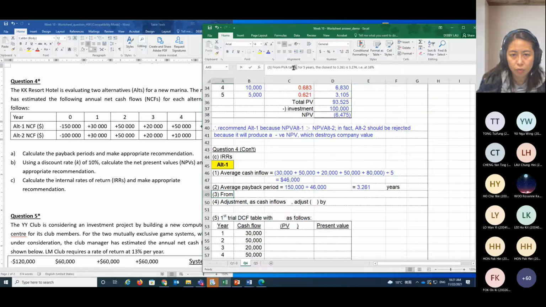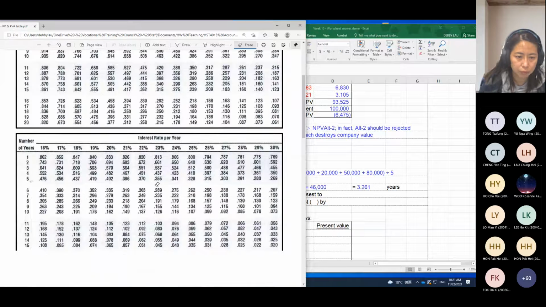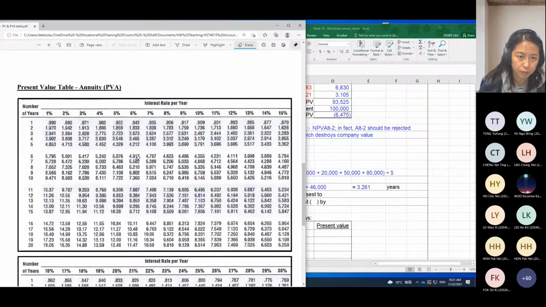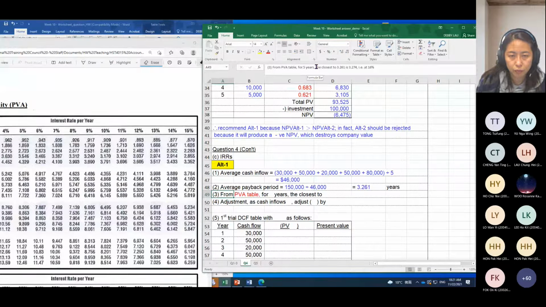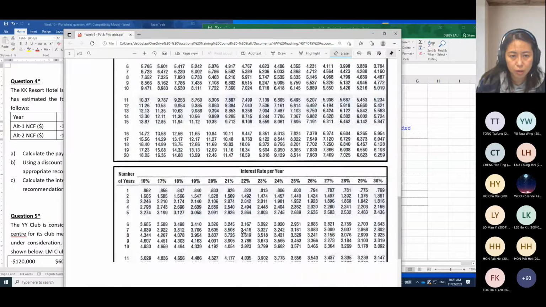So we have step 3, following step 2, which is from the PVA table. Remember, not the PV table, okay, the PVA table. We have to focus on the figures in year 5, because this is a 5 year project.